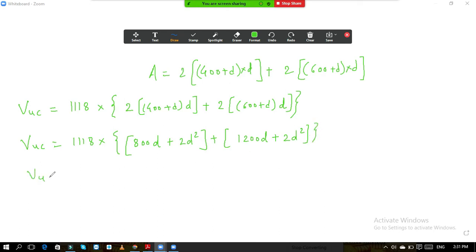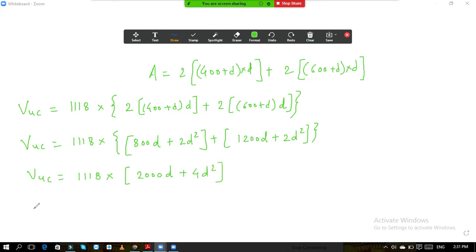So we can write VUC is equal to 1118 into, here 800 plus 1200, it is 2000D, plus 2 plus 2, 4D square.